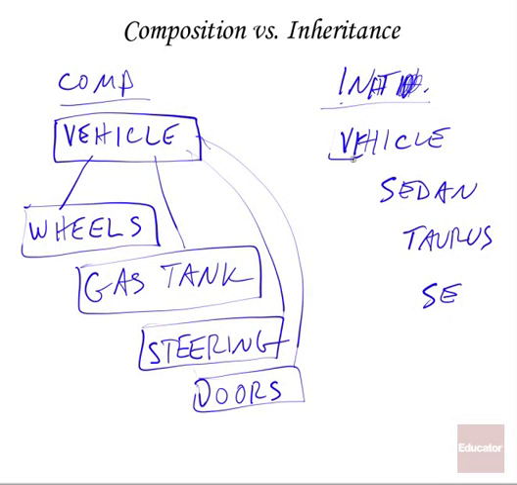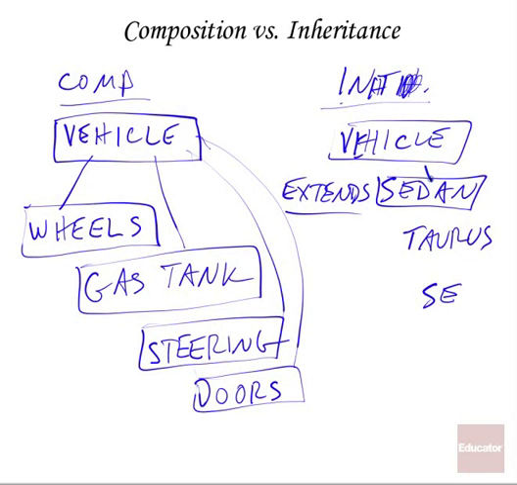So here with inheritance, we start with the superclass, and then we're going to learn about the keyword extends. So we would say that the sedan class extends the vehicle class. The Taurus class extends the sedan class, and the standard edition series extends the Taurus class. So you can see the relationship between a composition, a class that's composed of smaller parts, and a series of inherited or extended classes with the concept of inheritance here.